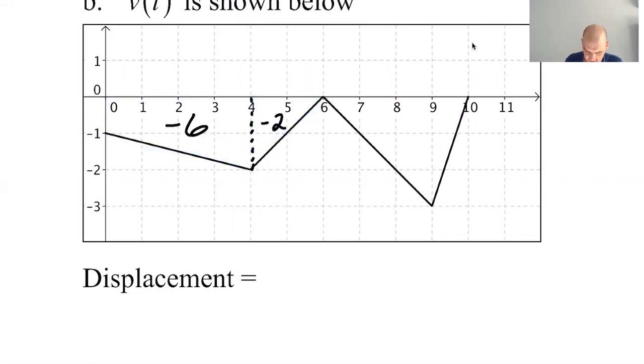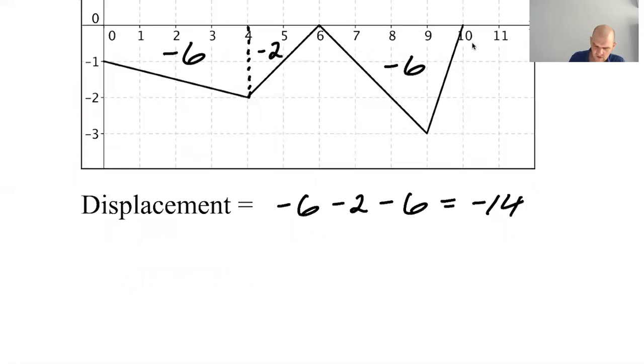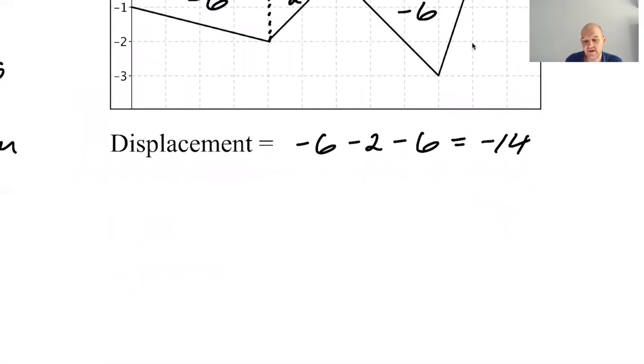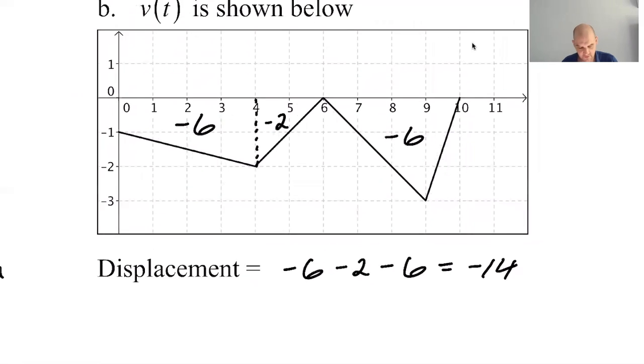This, on the other hand, is 4. So it has a base of 4, height of -3. That's -12, but half, so -6. So our displacement will be -6, then another -2, then another -6. So -14.